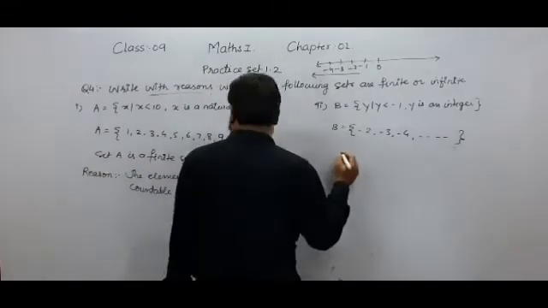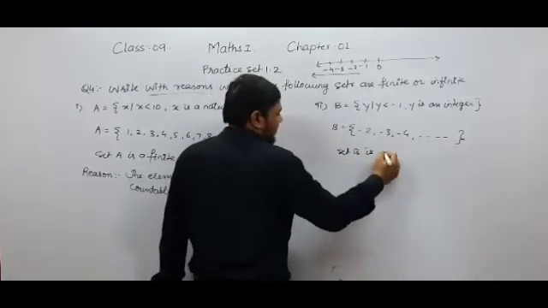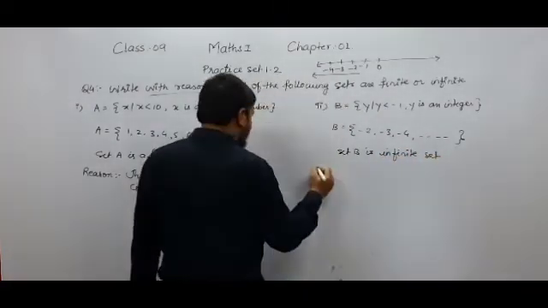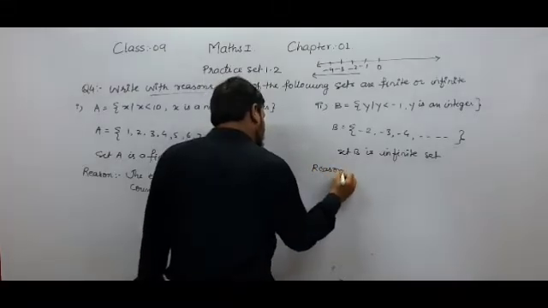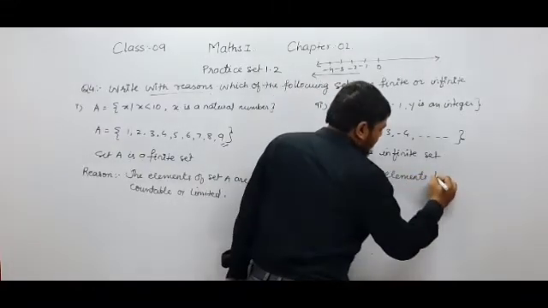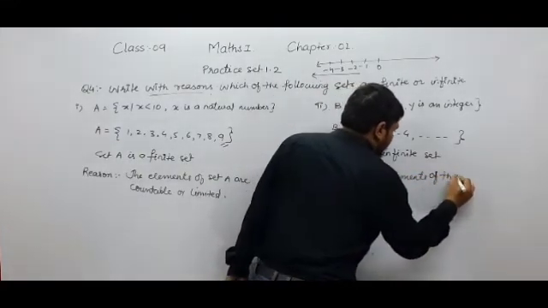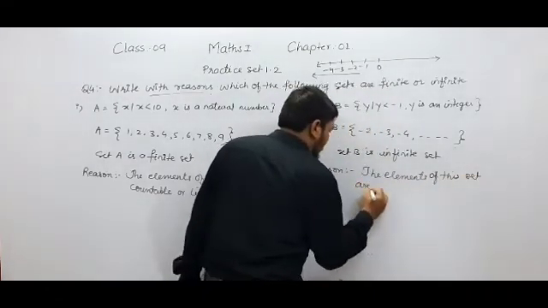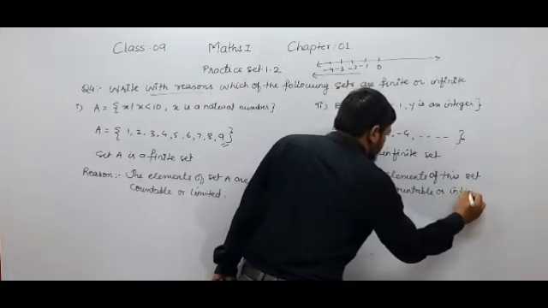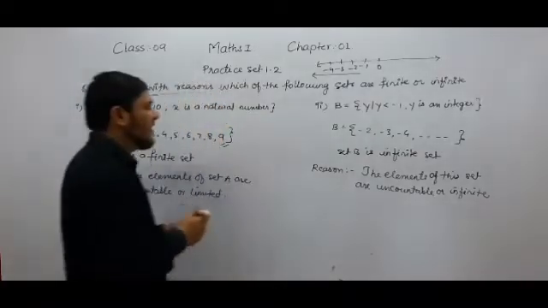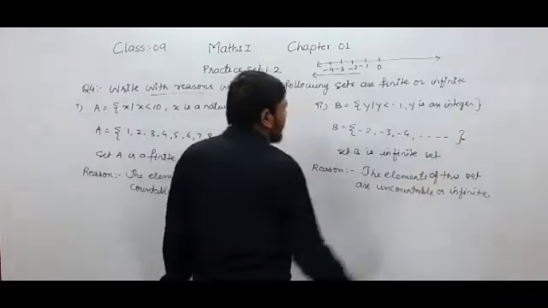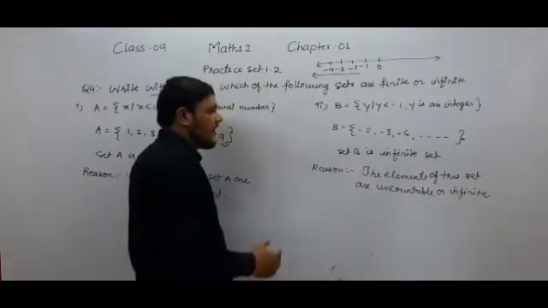So we can say that set B is an infinite set, and the reason for this is the elements of this set are uncountable or infinite or unlimited, because in the set of integers, the integers are infinite and unlimited.